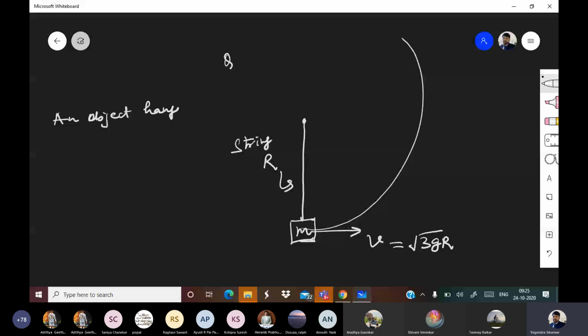Okay. Find the angle rotated by the string before it leaves the vertical circle. Please find.